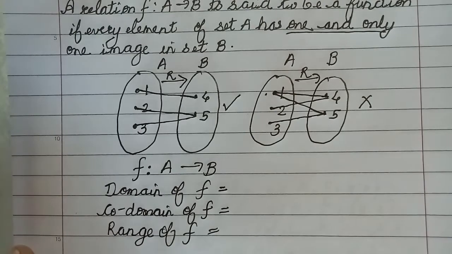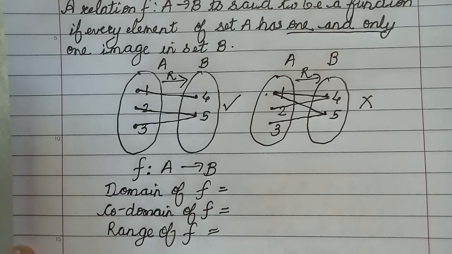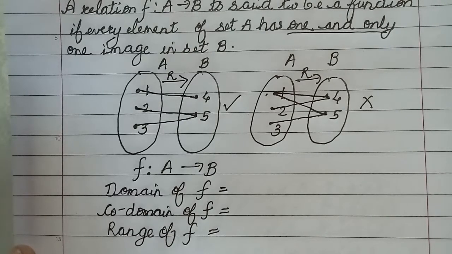So whatever we have learned in relations will be valid for functions. Certain specific properties of relations, that every element has only one image, make a relation a function, right? So whatever we have studied for relations is valid for functions.